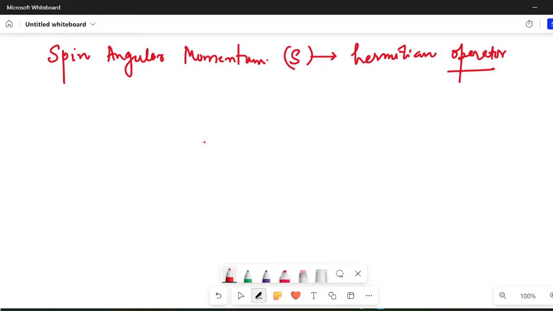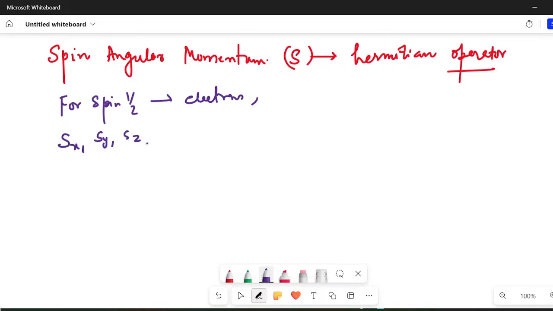For spin half particles like fermions, for example electrons, the Cartesian components Sx, Sy, and Sz are represented by 2 cross 2 matrices.